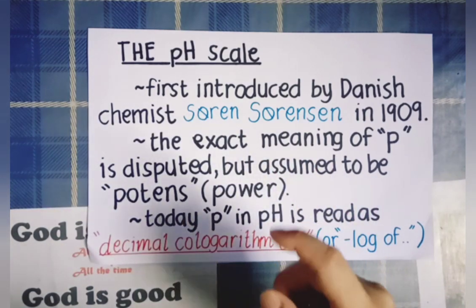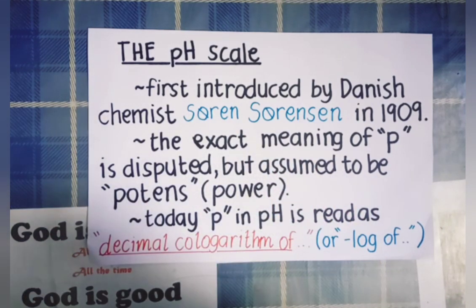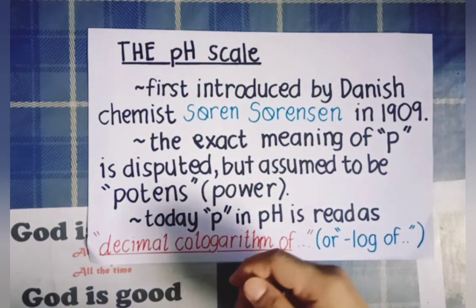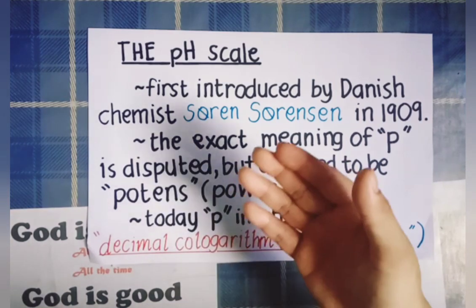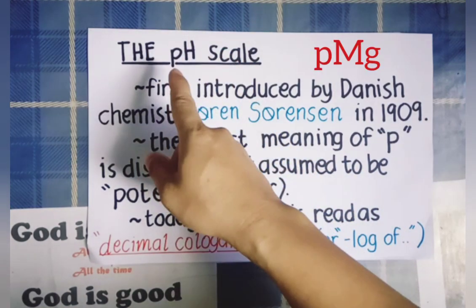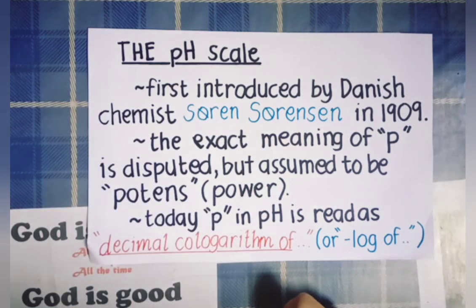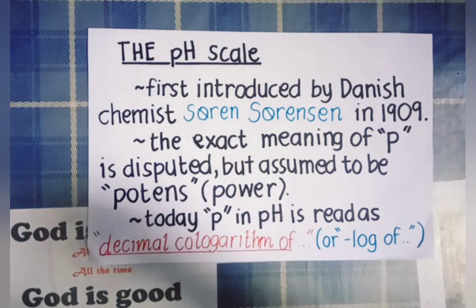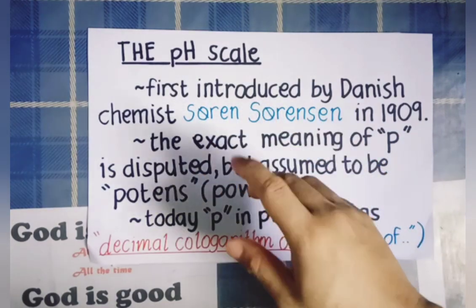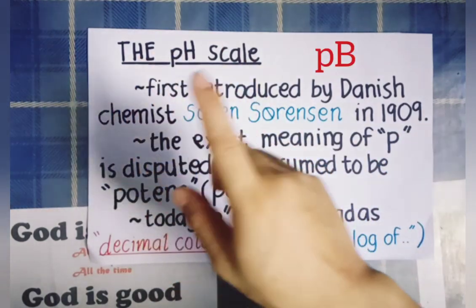Like for example, if we don't want to describe the hydronium ion concentration or hydrogen ion concentration, and we want to describe the magnesium ion concentration in a solution, then we can use pMg instead of pH. Or if, for example, we want to describe the boron ion concentration in a solution, then we can have pB, power of boron.